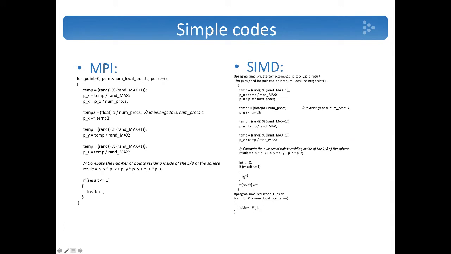They have a temporary value 1. If it equals 1, that means it is in the circle. If it is equal to 0, that means it isn't in the circle. So we only have to sum them up. Then we can know how many points are in the circle. So you just put the SIMD here, and let's see what the result is.